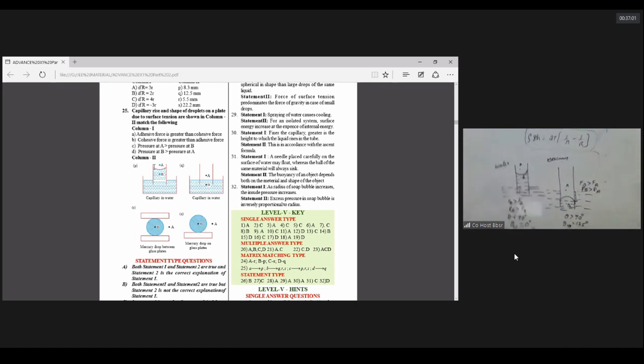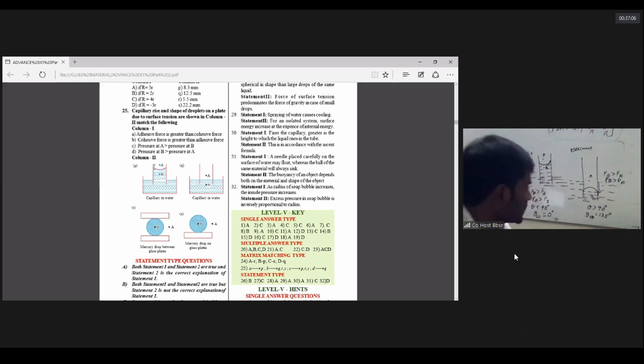These diagrams are both conceptual and important; there are chances of this type of question in matrix and more than one option. Now you can calculate the options.